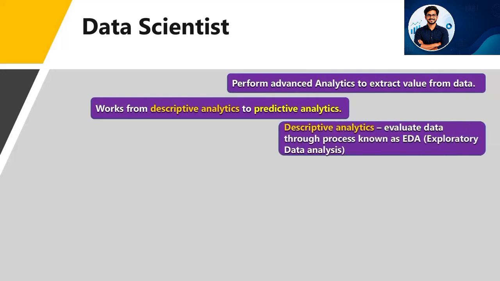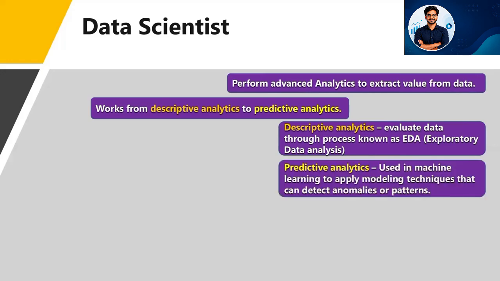Descriptive analytics is where they evaluate the data through a process known as EDA, exploratory data analysis. This is a very important topic. The second one is predictive analytics, used in machine learning to apply modeling techniques that can detect anomalies or patterns.